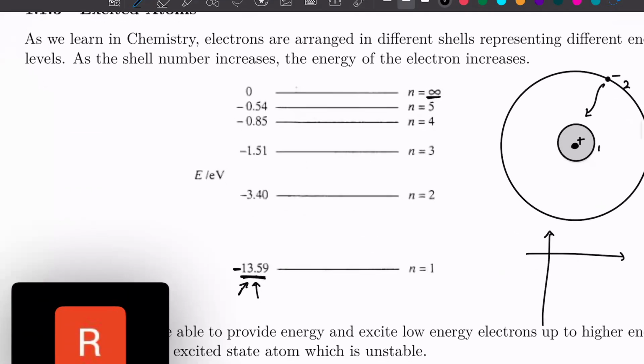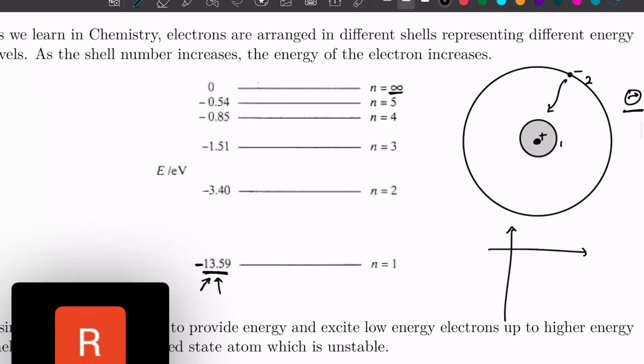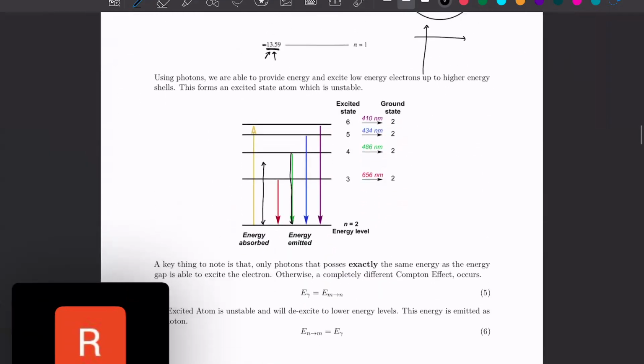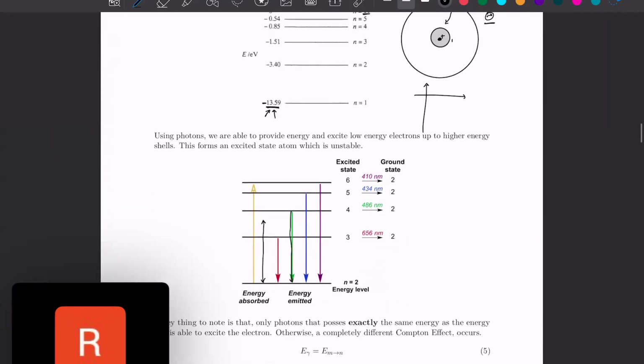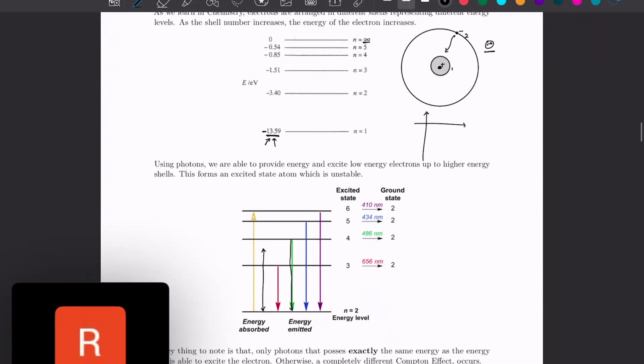So you do need to put in energy so that the electron moves up the electron shells. And when the electron goes down, then it releases energy. So that's concept 3 on electron shells. And also we learned that when the electrons de-excite, they release photons. And likewise, when a photon hits the electron, it can excite and go up.